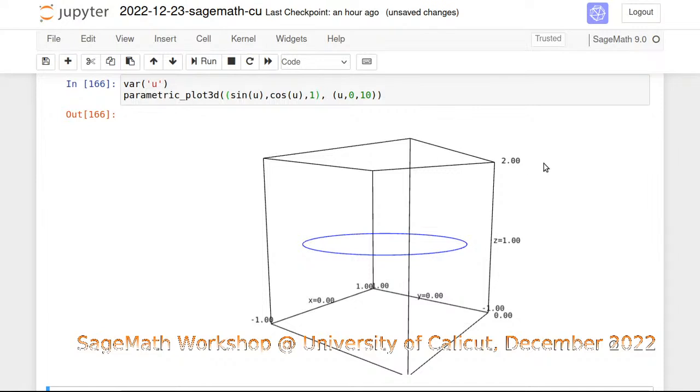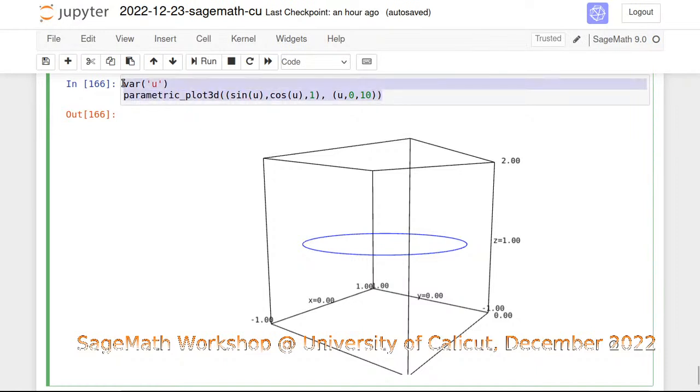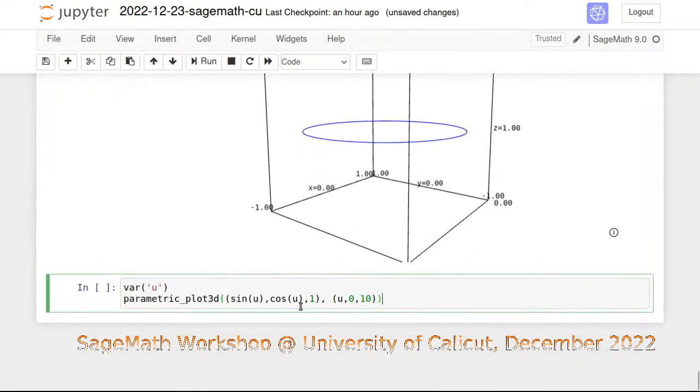Of course, if you define two parameters, what will happen? Suppose that you specify two parameters, sin u and cos v. If there is only one parameter, you are going to get just a curve. Here u is in 0 to 10, and say v is also in 0 to 10.